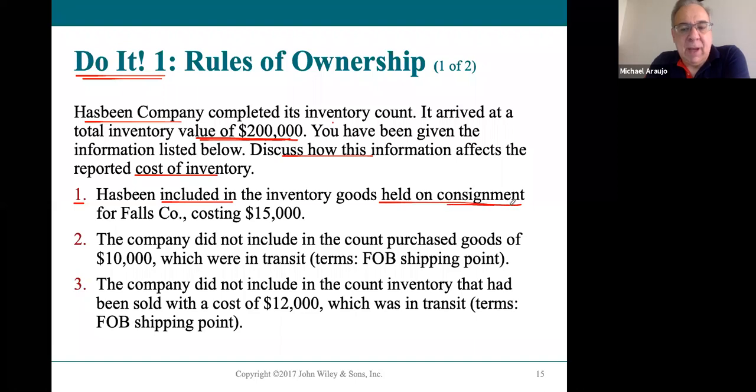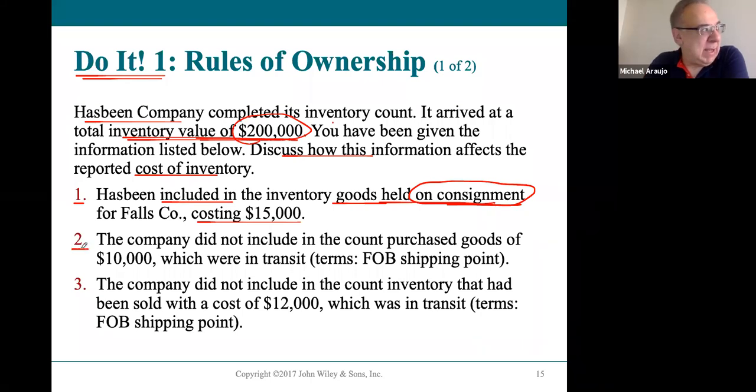So again, in the case of consignment, those are not your goods. You don't own those goods. So they're not part of your inventory. Remember, inventory is an asset. Assets are resources that are owned by the business. Well, consigned goods are not assets. And so if $15,000 of consigned goods are included in this number, that number is too big, it should be lowered.